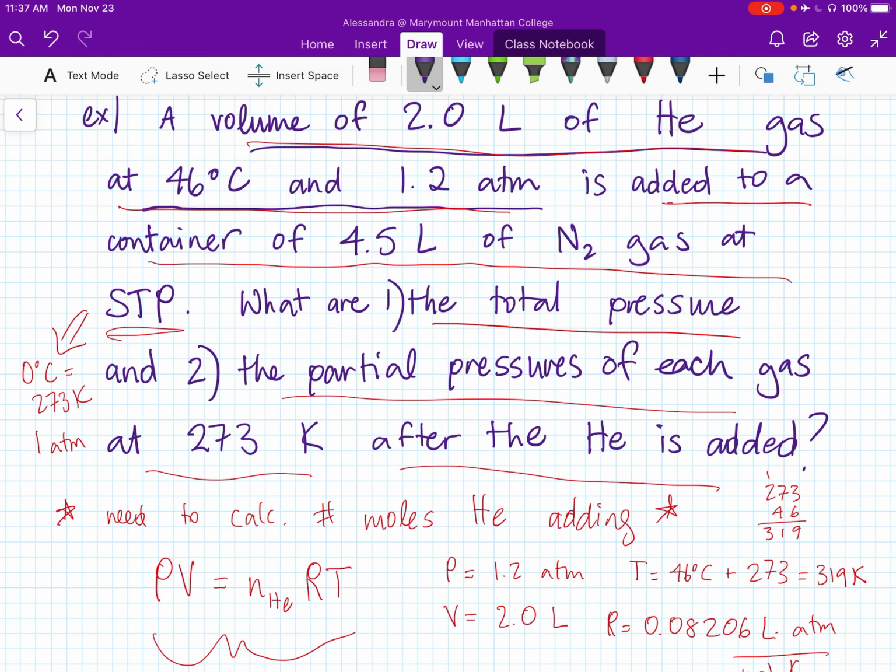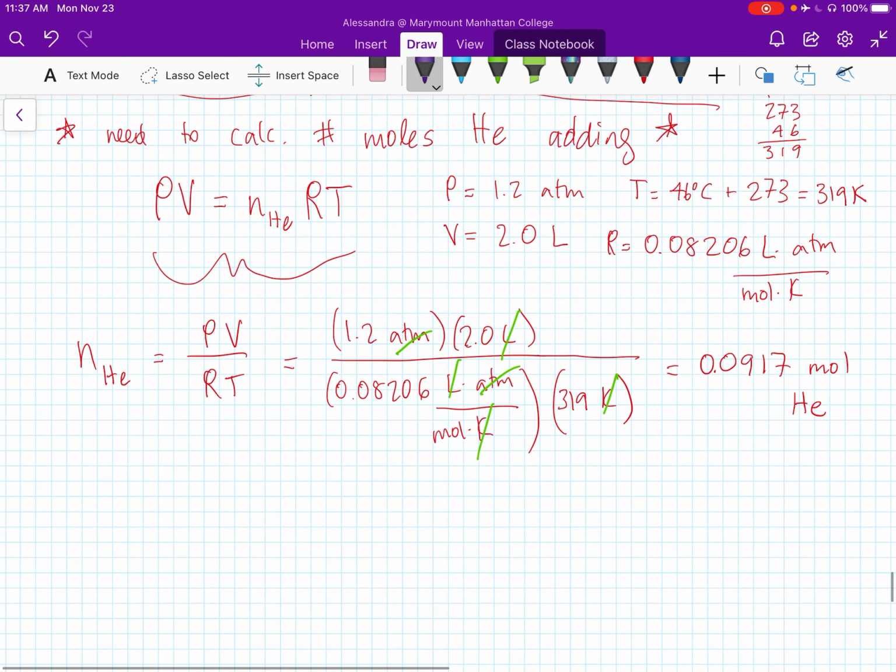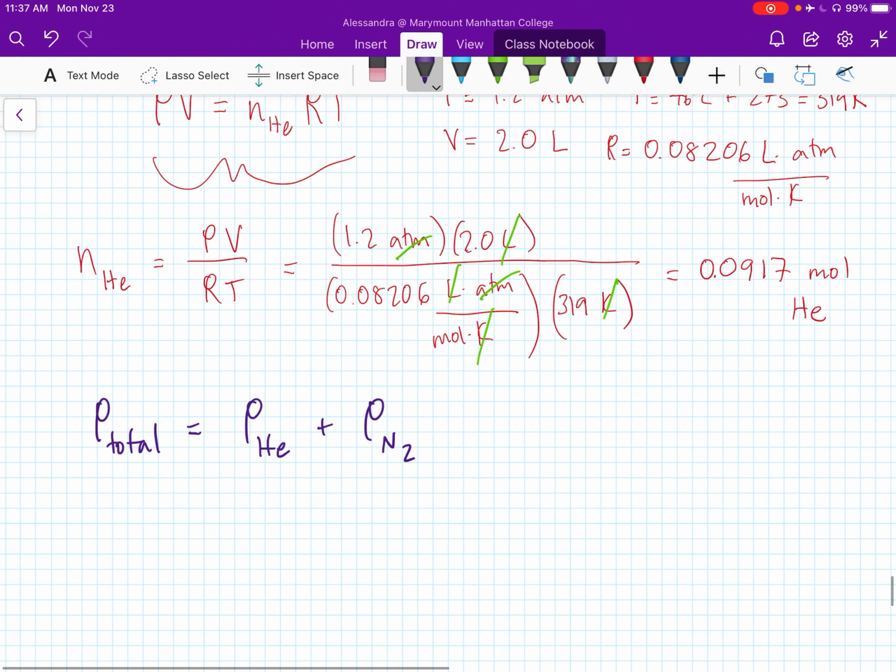So let's think about the total pressure first. The total pressure is going to be equal, by Dalton's law, to the sum of the pressures of each individual gas. Okay, this is Dalton's law for this problem. The pressure exerted by the helium plus the pressure exerted by the nitrogen is going to be equal to the total pressure of the mixture.